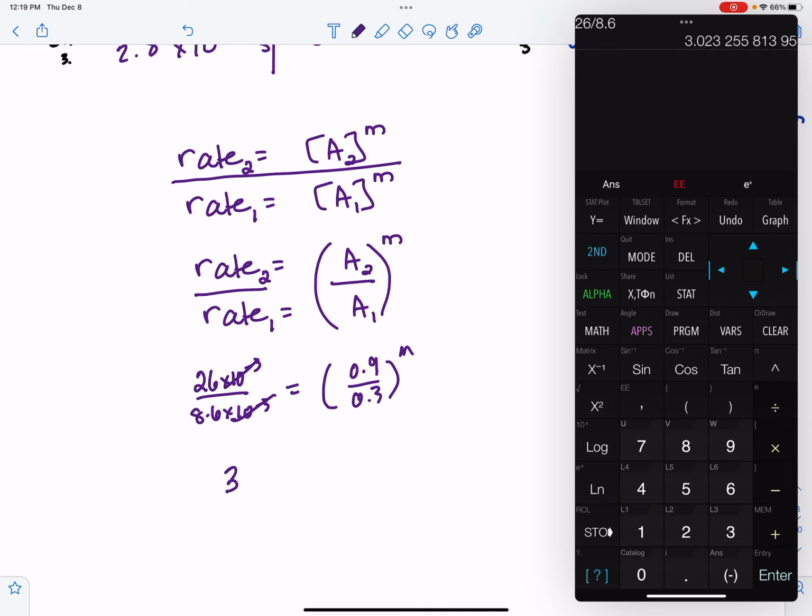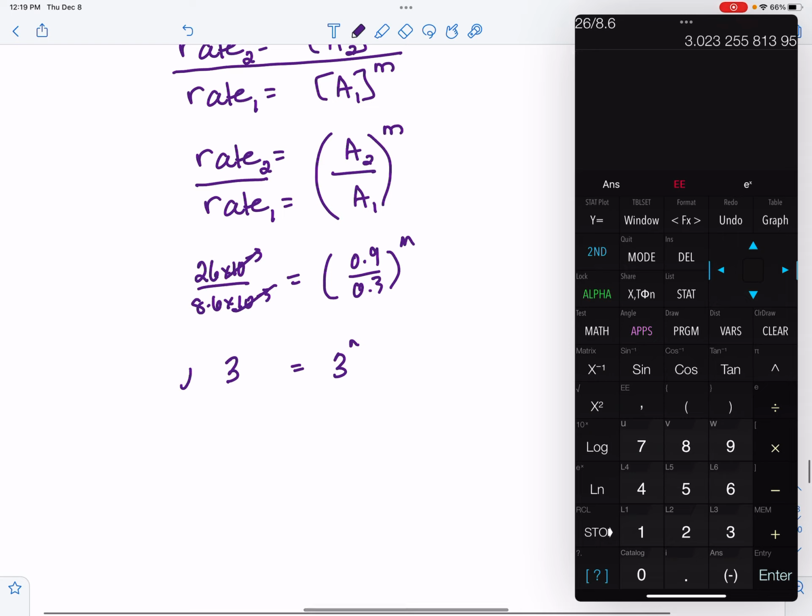And again, like I said, it's not going to come out perfect because this is experimental data. But I'm going to round that to 3. If it was like 3.5, you wouldn't round it, but the 3 you can. And then this is 3 to the n. Now, there are some rules where you can take the log of both sides, and when you do that, the n goes in front, and you can do n equals log of 3 over log of 3, which is 1.